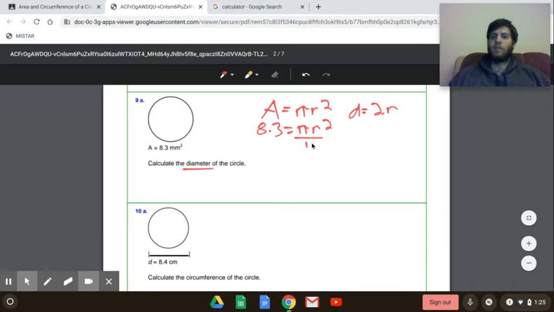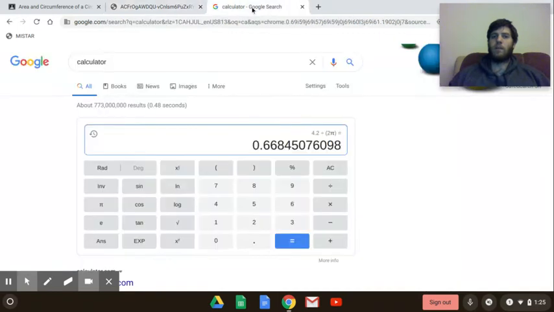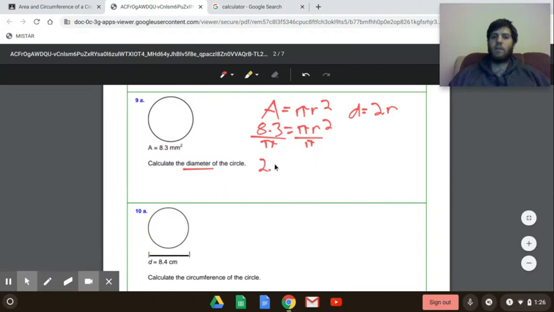So here you would divide both sides by pi. Right, so 8.3 divided by pi is going to be 2.64. Right, and those pi's cancel, so that leaves r squared.